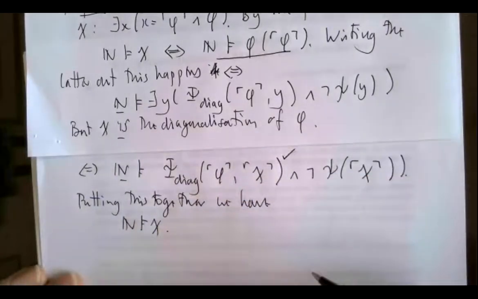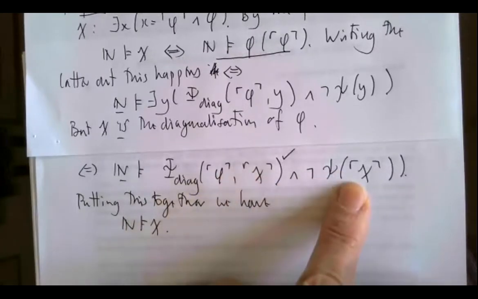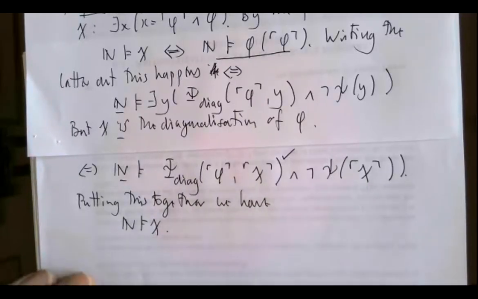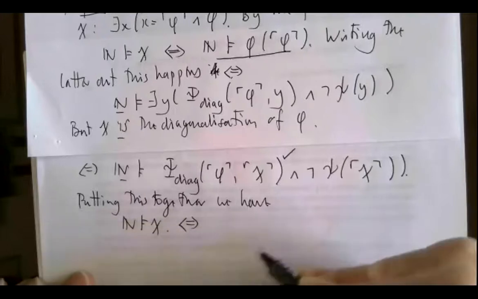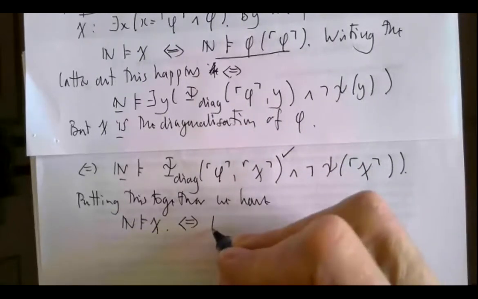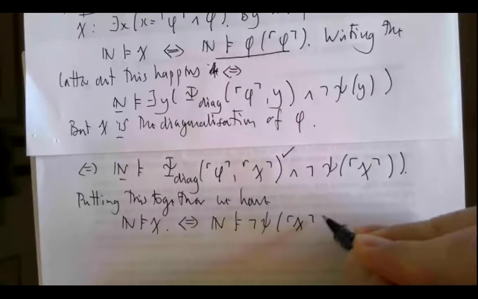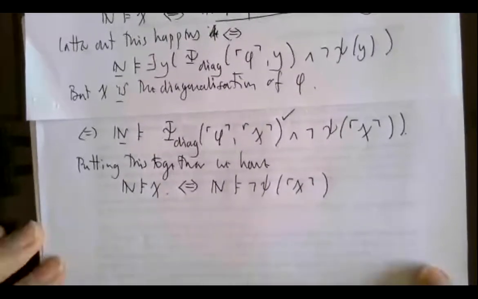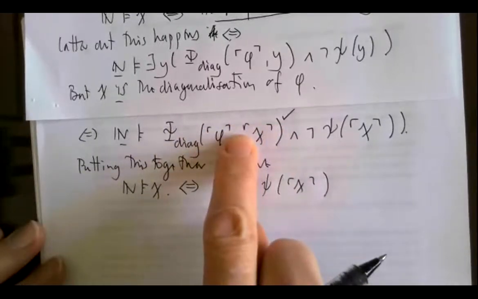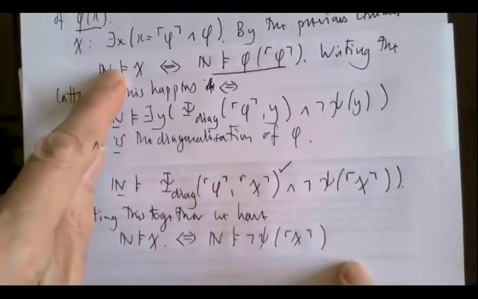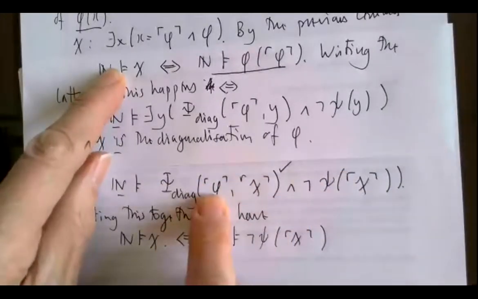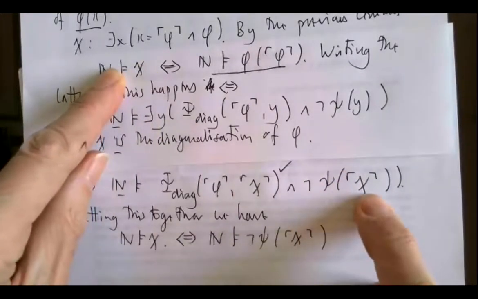So this is a true relation about numbers. So this holds if and only if not psi chi holds, because this always holds here. So this if and only if this, which is what I've written here.